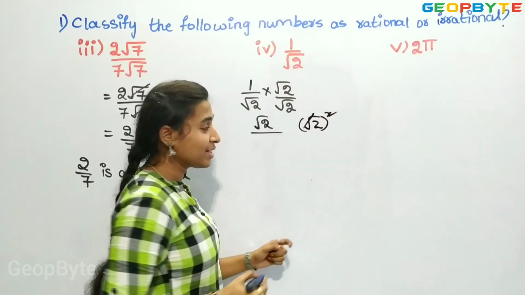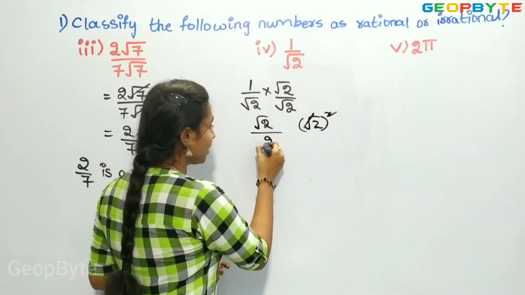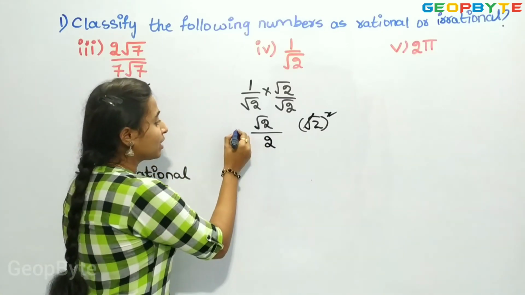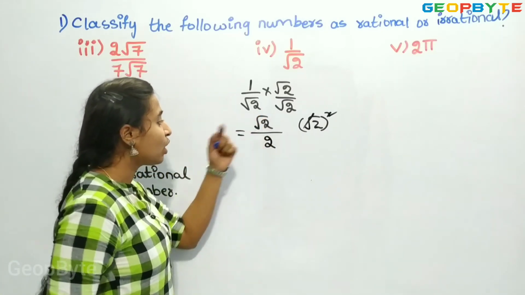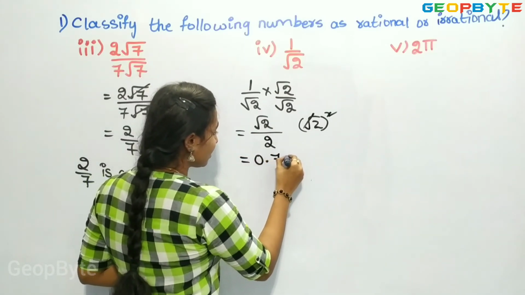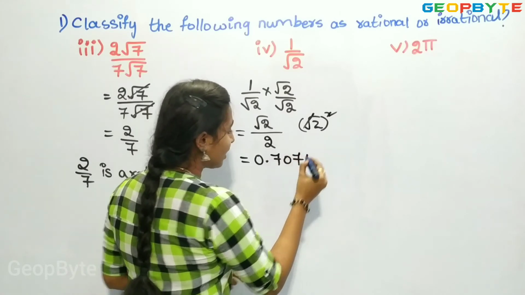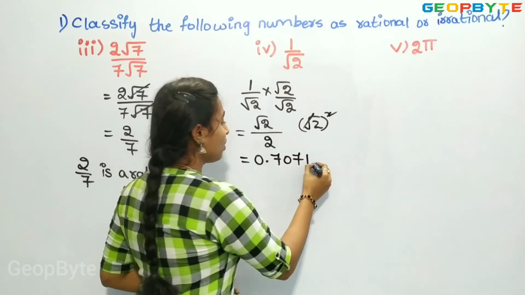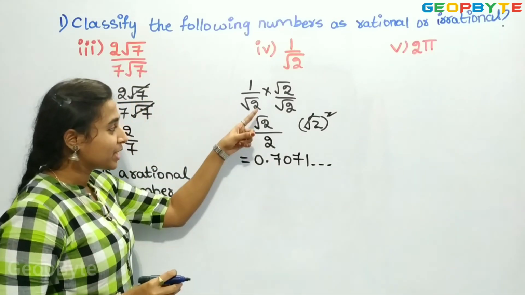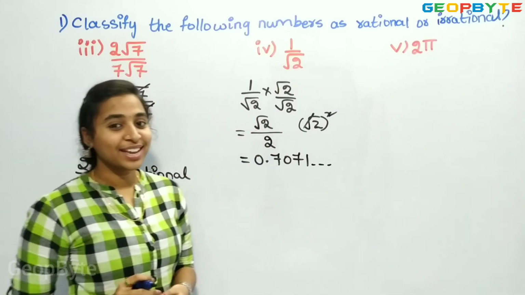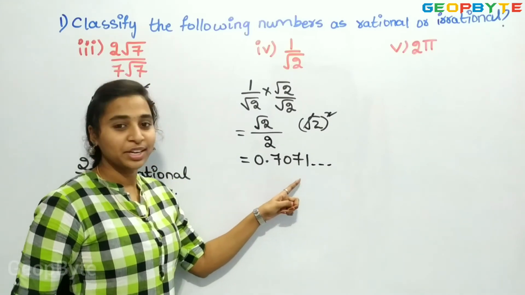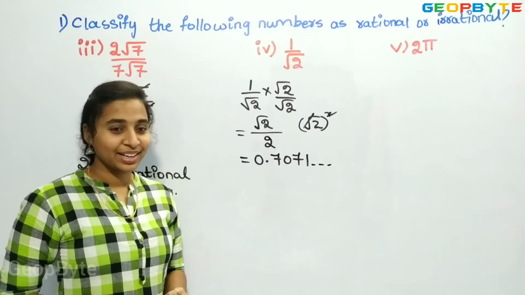Square and root get cancelled, so 2 is left over. It is nothing but root 2 by 2. Now if you see, the value of root 2 by 2 will be 0.7071 and so on. By seeing this itself, we can say that it is an irrational number because it is non-terminating and non-recurring.